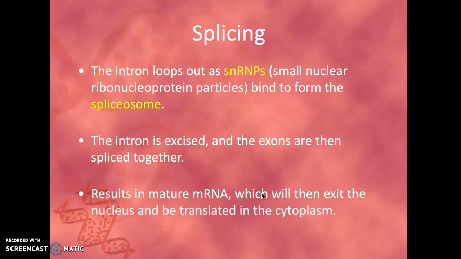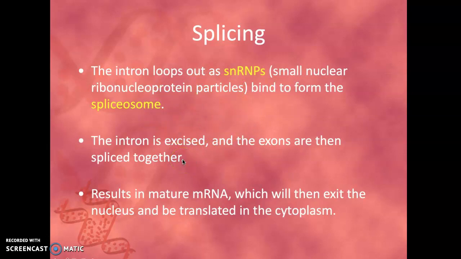Now the second part of processing is splicing. The introns are going to loop out with these special little particles called SNRPs. That's how it's pronounced. SNRPs bind to the intron and make the intron loop out, and that will form a spliceosome.